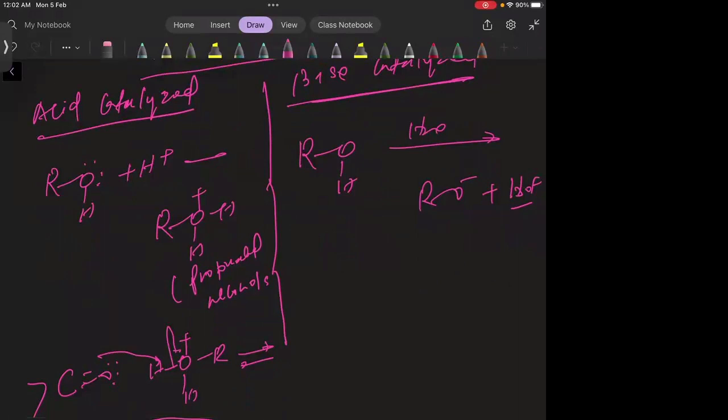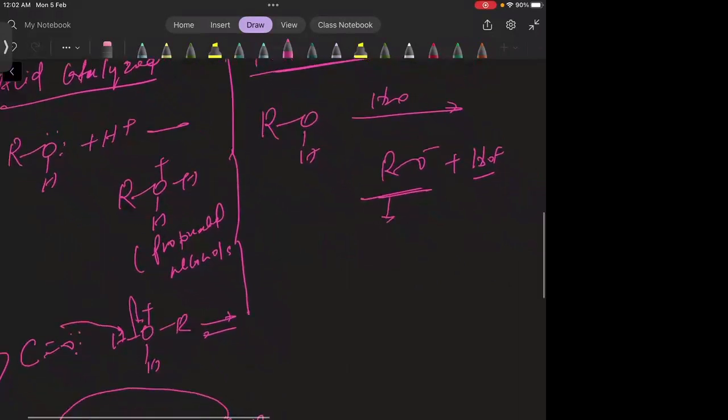Or in any way, you can form the alkoxide ion as a nucleophile. And now this is a strong base, a strong nucleophile. Now, a strong nucleophile attacks the carbonyl compound directly. I have already taught this in the concept of carbonyl compound mechanism. If you watch that mechanism, then no problem will happen in the rest of the chemical properties.